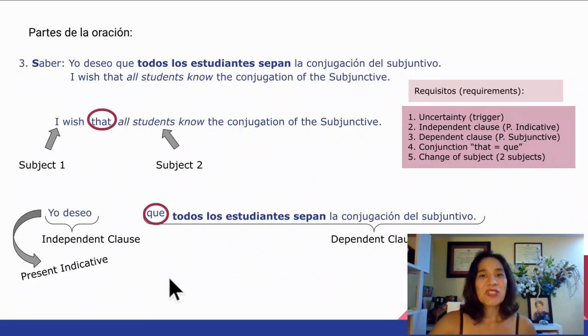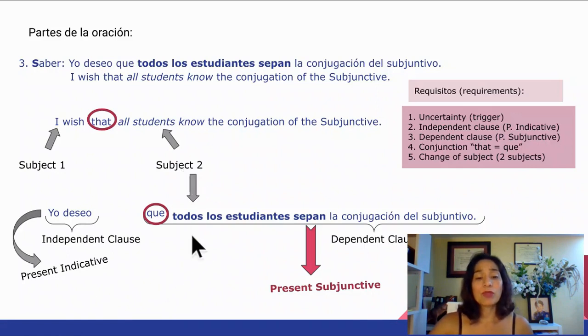And then where is the subjunctive? Very good. It is part of the dependent clause. And since I have my second subject right here, todos los estudiantes, then I do conjugate the verb in the subjunctive for this second subject. Okay? So right there, I have sepan. That is the subjunctive form for todos los estudiantes of the verb saber.